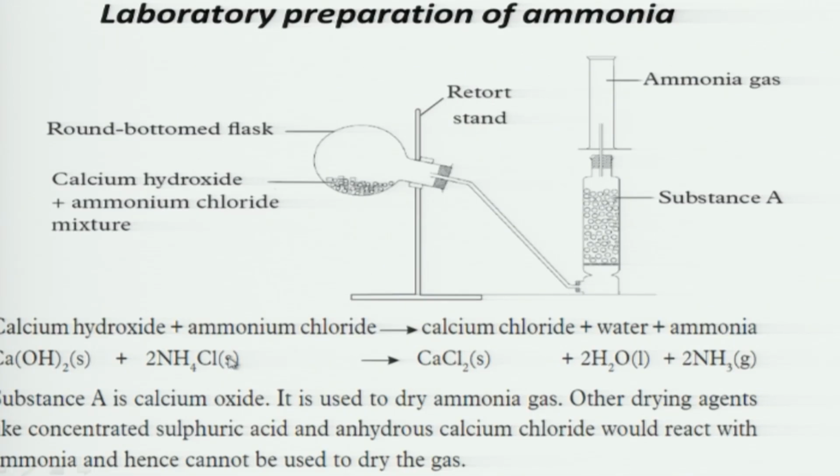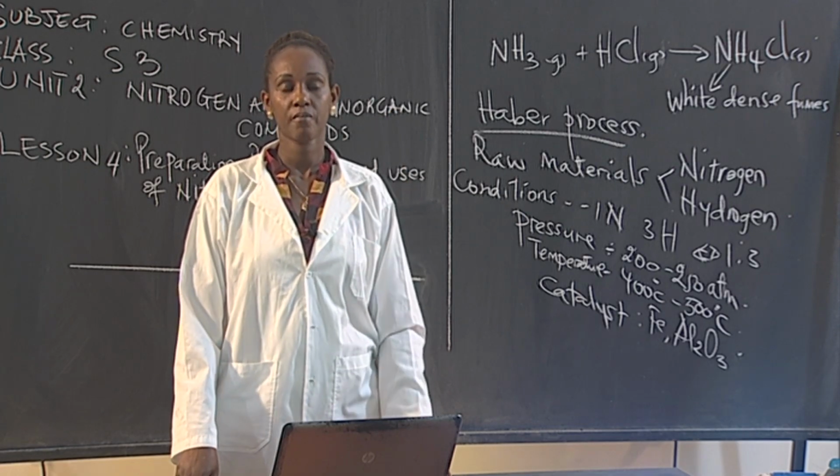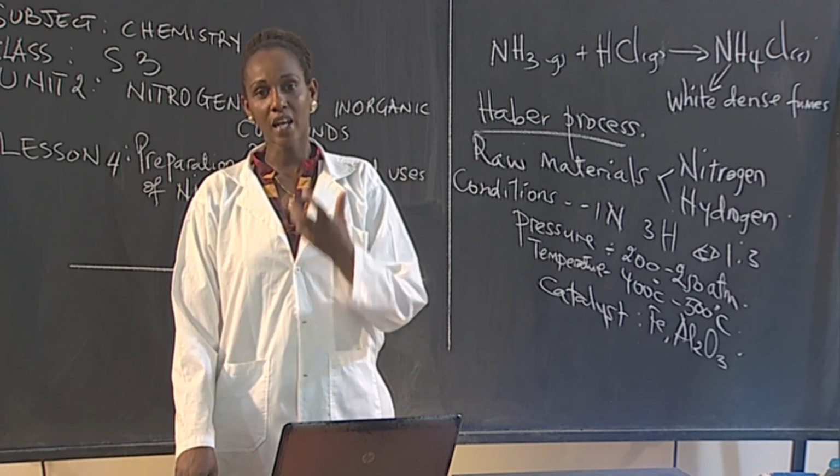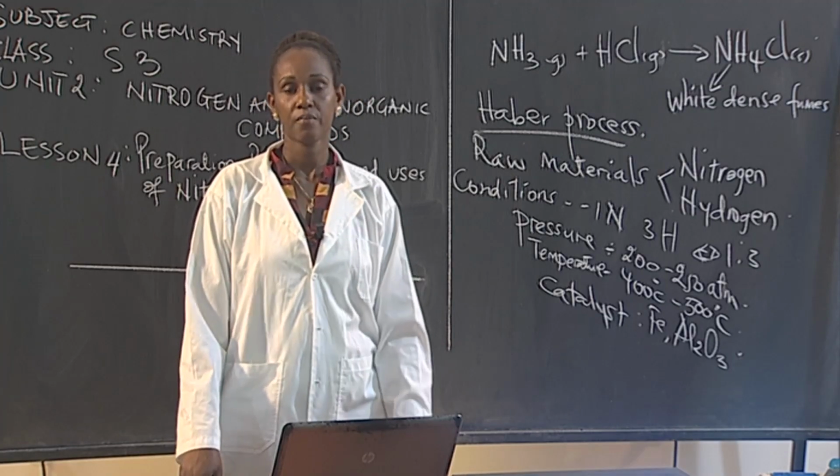All right? I think the lesson has been interesting. Do you have any question on the objective or on the things we have talked about on ammonia? I think everybody can answer any question that may arise on ammonia.